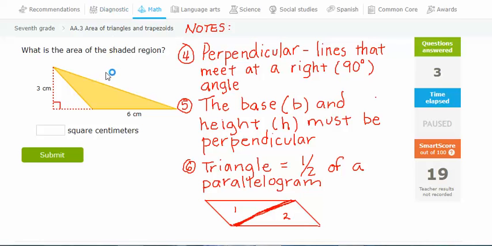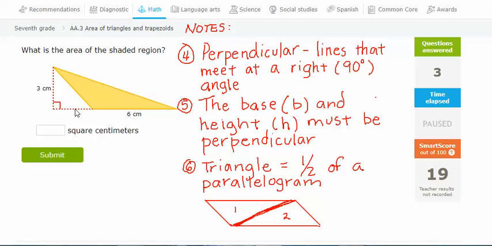Alright, so we got the next part of the notes. Perpendicular. Okay, that is lines that meet at a 90-degree angle. So this dotted line here and this dotted line here are perpendicular.